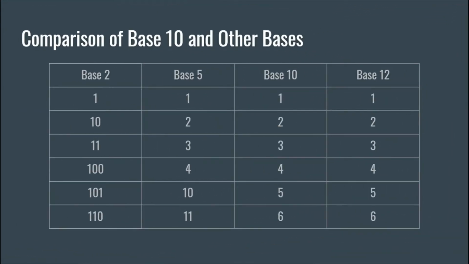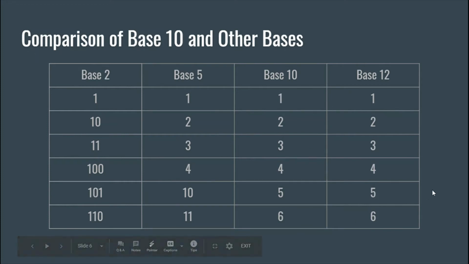Here are a couple of examples, a comparison of changing into different bases besides base 6 and base 9. For reference, I have base 10 here, and also base 2, base 5, and base 12. Going down, you can see how it looks kind of strange for each of these.